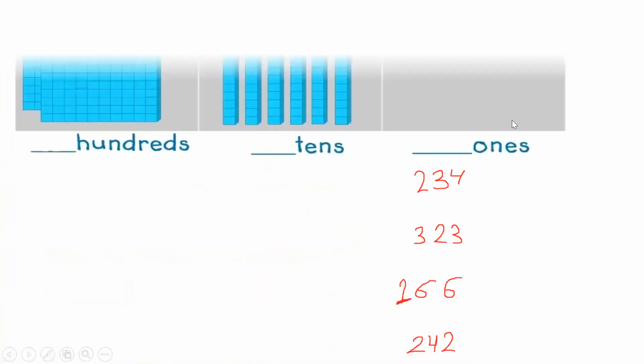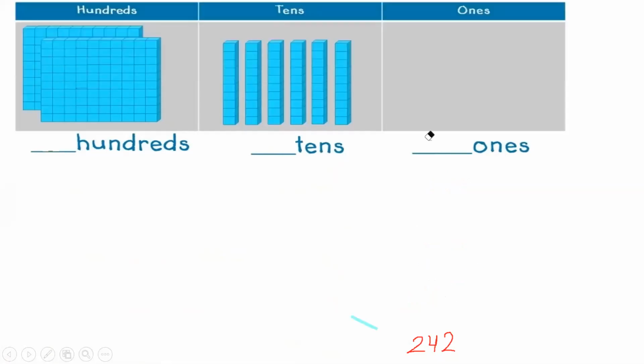Okay, now another exercise. I will erase the numbers here. Okay, now look at this exercise. It tells me that you have to write the number of hundreds, the number of tens, and the number of ones. Now, all the time I will start from the ones.